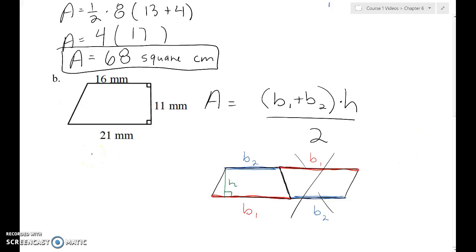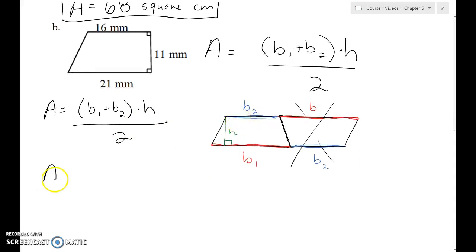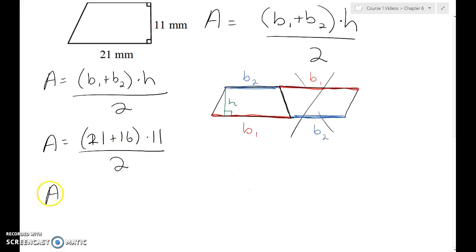So area is the bases added together times the height divided by 2. If we rewrite it, we've got 21 plus 16 times 11 divided by 2. Do a little order of operations. 21 plus 16 is 37.